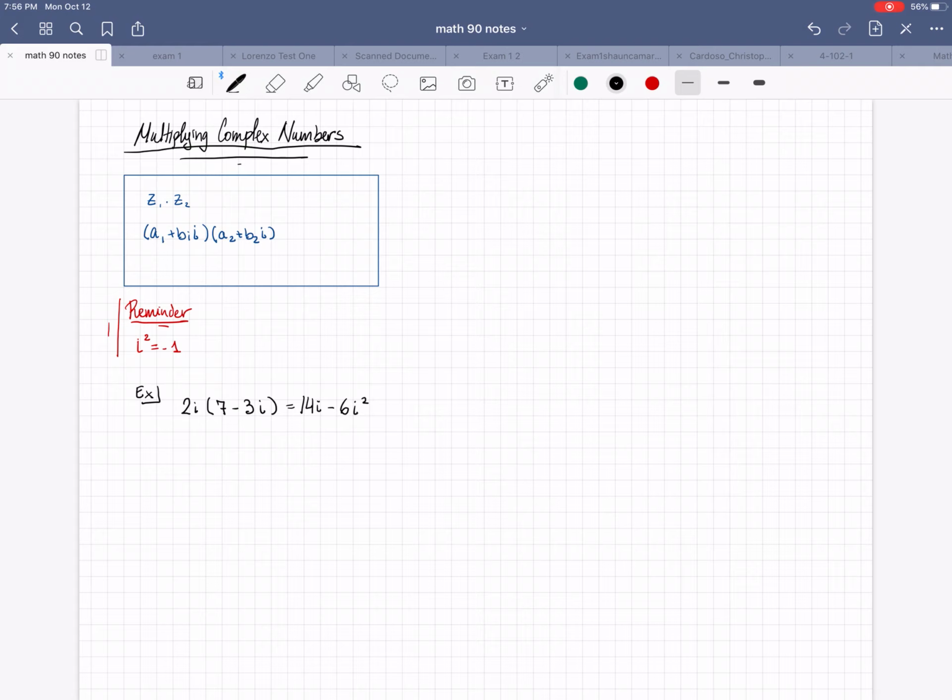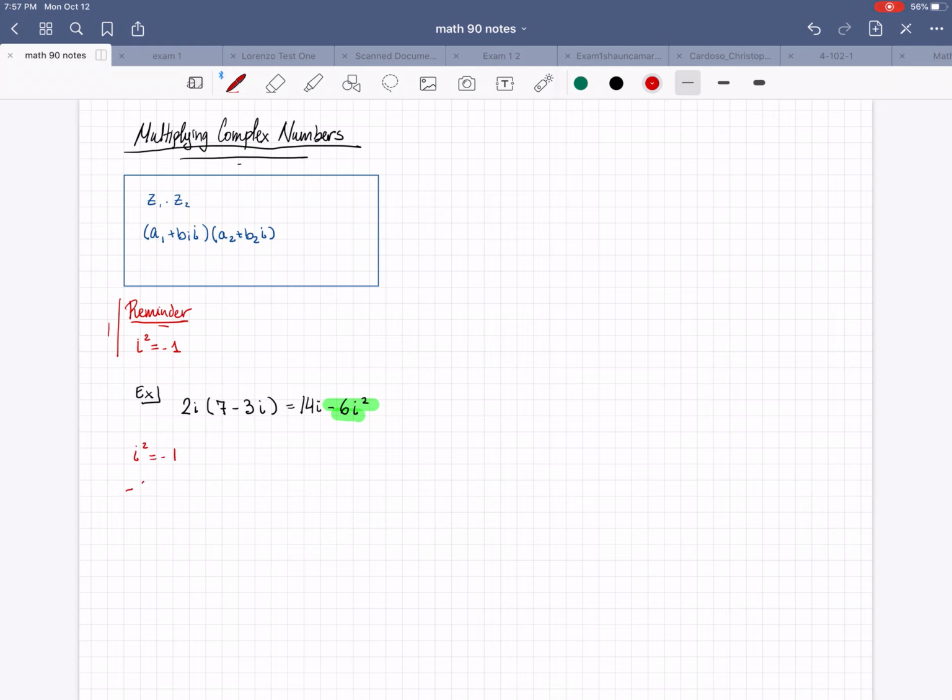So you might be looking at this and thinking, wait a minute, so I guess this is like a new kind of number. It has an i squared in it. Well, careful. Let's look at this minus 6i squared piece. This is where we say, wait a minute. i squared is -1.